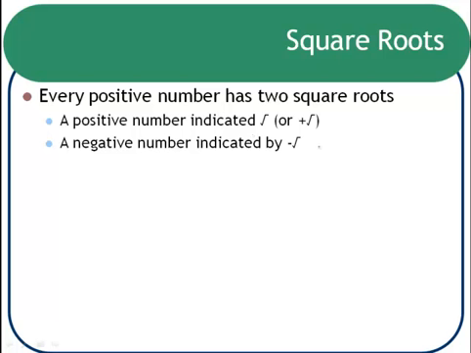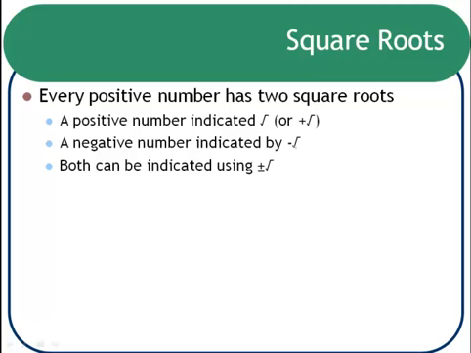But if you need to emphasize the positive root of something, you might see a plus in front of the square root. Or if we really need the negative root, we'll put a little minus sign in front of it. And quite often when we are talking about both roots, you'll see the plus or minus symbol in front of the square root symbol. That just means both roots, we're talking about them both at the same time.